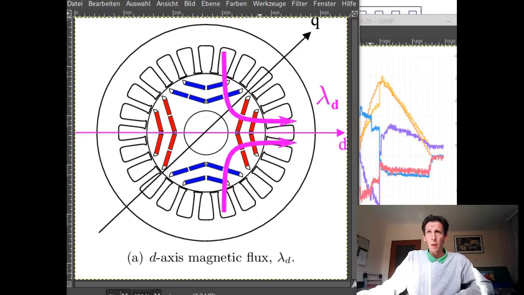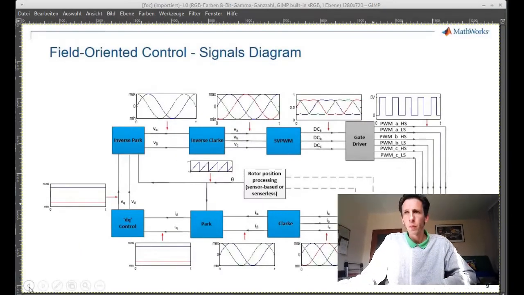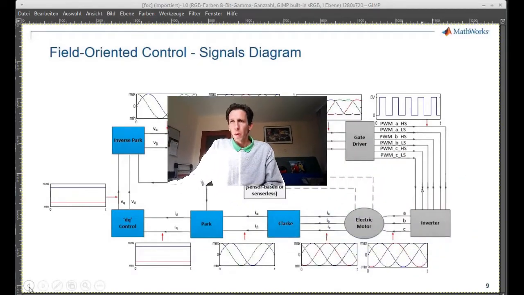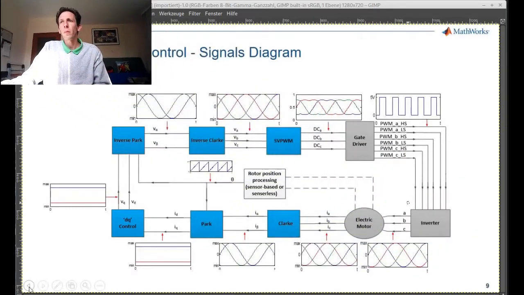Let's take a look at the very generic structure. I think I will be switching back and forth between the code and this, so we see where we are. So where do we start? Let's start at the motor. So here, green line.